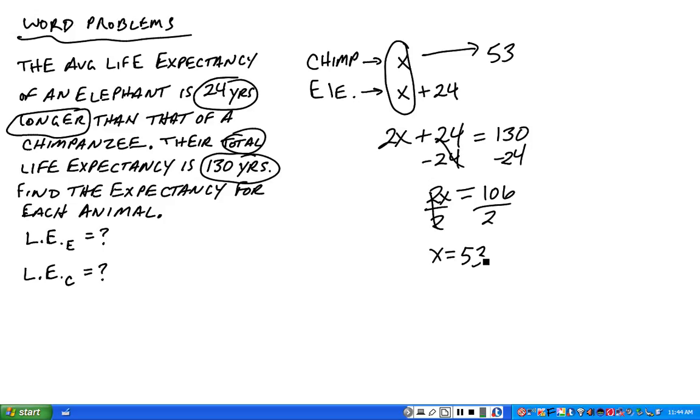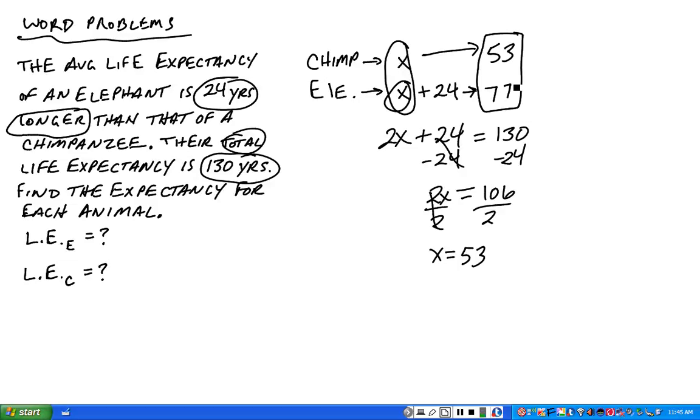Now, once we find that out, then we say that 53, which is X plus 24, would tell us how old the elephant is. Okay, so add 24 to 53 and you end up with 77. So the chimp is 53 years, the elephant lives 77 years, and we check it to make sure it makes sense.